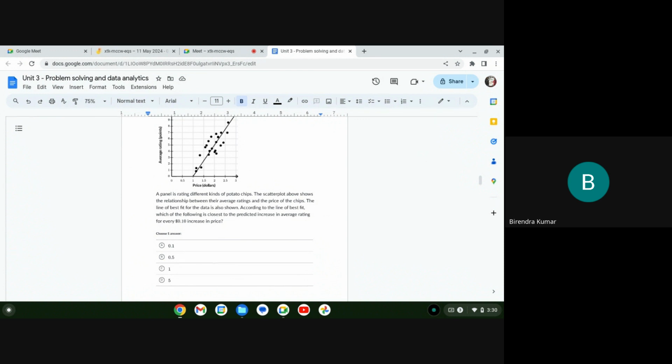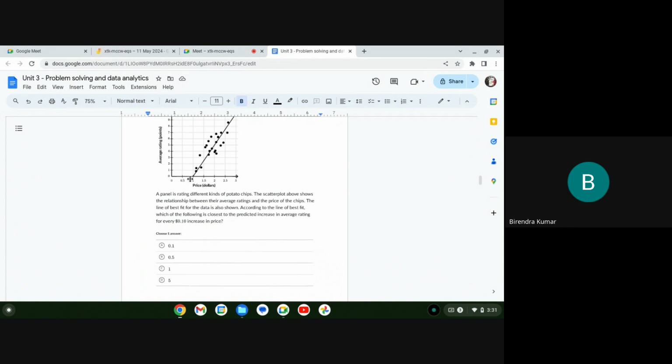So if I pick up one dot, let's say the bottommost one, what is the y coordinate value for this one? Somewhere around 1, right? Maybe 0.9. I'm picking up the smallest, bottommost dot. The rating is somewhere around 0.9.